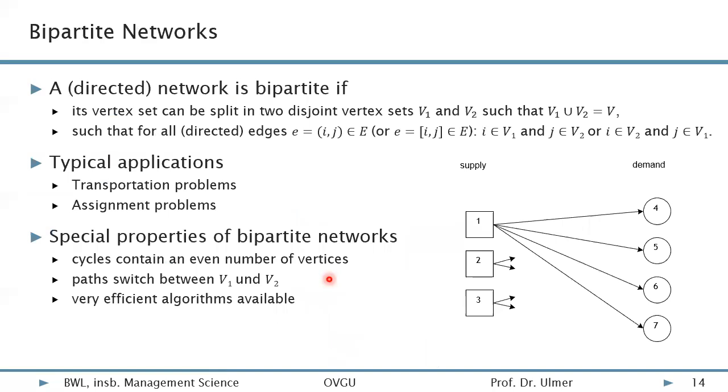There are lots of problems where we can even go one step further and say that a network is bipartite. And that means we can divide it into 2 sets. And these sets are more or less distinct. One typical application is a transportation problem. We have maybe factories where we have supply, we have cars or whatever we produce, and we have car dealerships or some customers, they have demand.